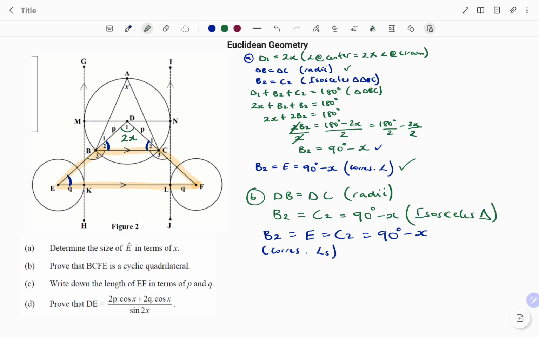So therefore, if you look at the straight line, the CF, what that means is the angle C2 is equal to the angle E. We've been able to state that in my last sentence.